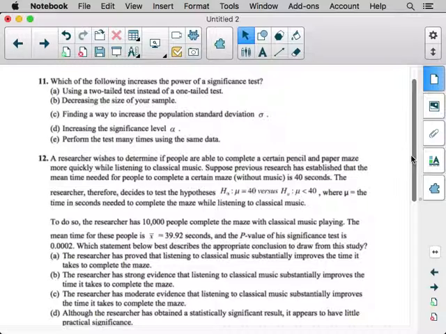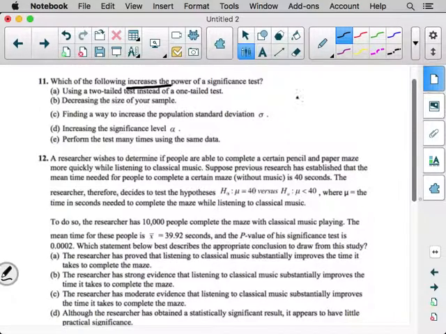The more data we have, the better the test will be at doing its job. So to increase the power of the test, we want the sample size up and the significance level up. Both things go up to make a more powerful test. So which one of these matches what? D.